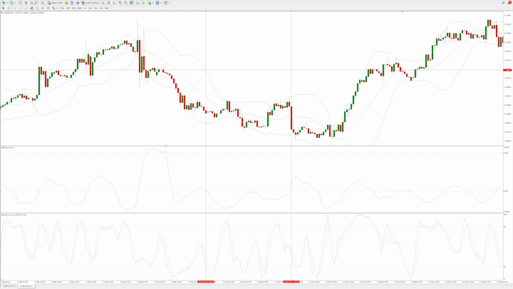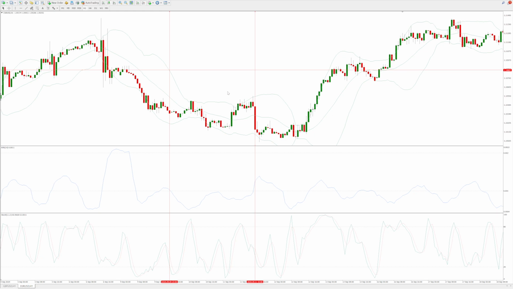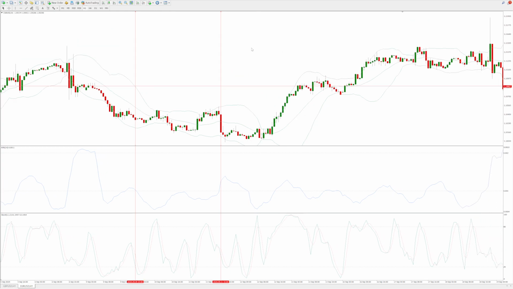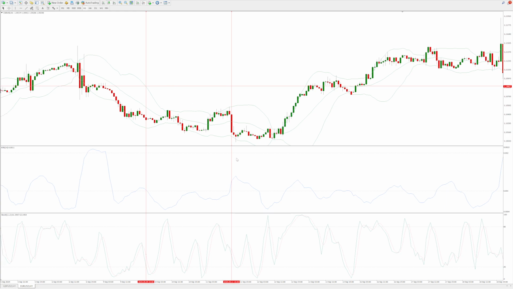Again, to reiterate here, as always, make sure you've got good money management. I like to cut losing trades short and let winning trades run with a good favorable risk to reward ratio. Hopefully you found it useful. You have an idea of how the ATR can be used as a filter of when and when not to trade.